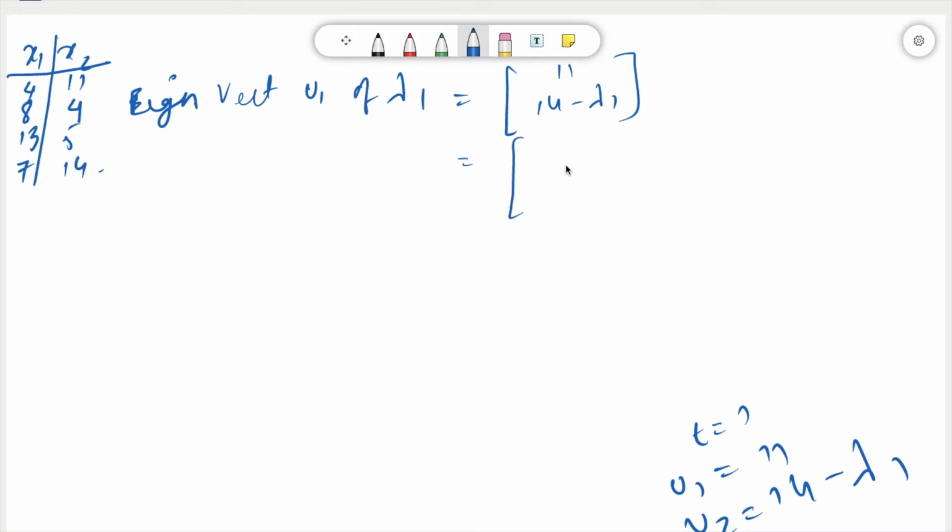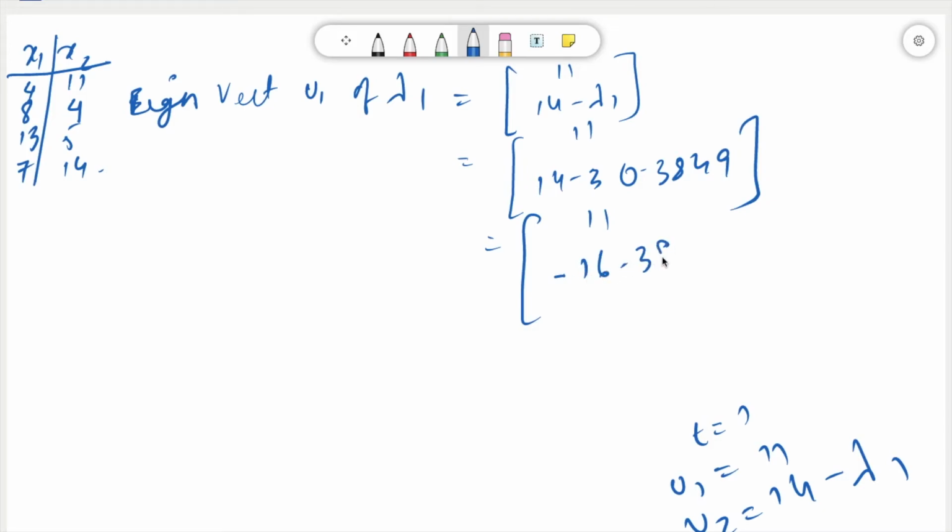What we have got is 30.3849, which we have already calculated before. So 11 and minus 16.3849. So we have got the capital U1, and this is the eigenvector.